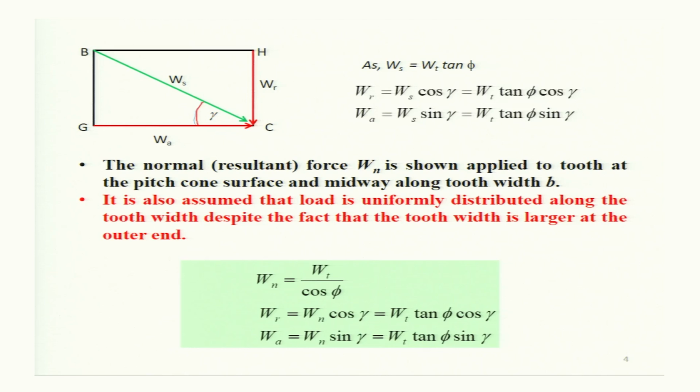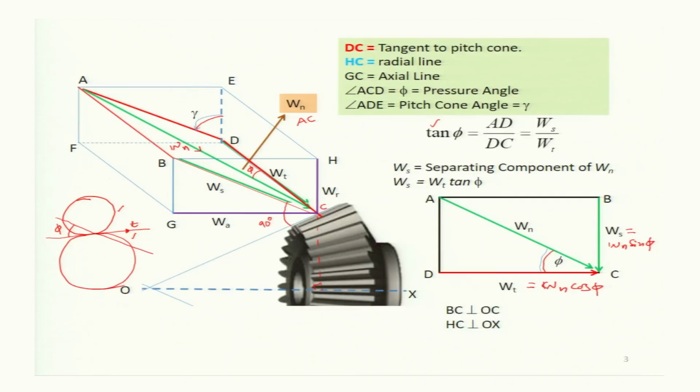How will it be? See, in this triangle, this is your 90 degrees. So, this angle will also be your gamma, isn't it? The angle GCO is gamma and angle BCG will be equal to 90 degrees minus gamma.